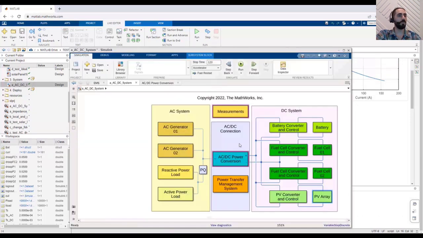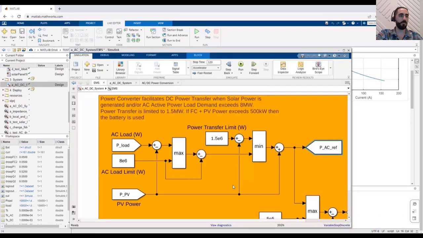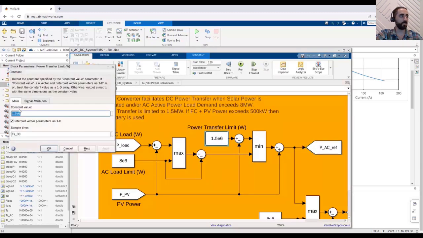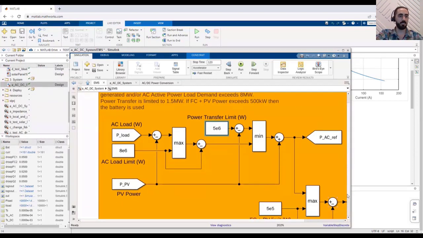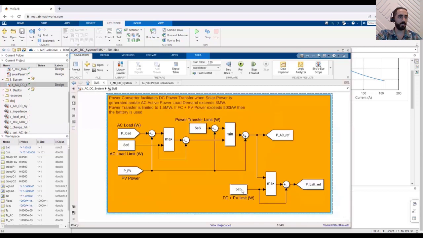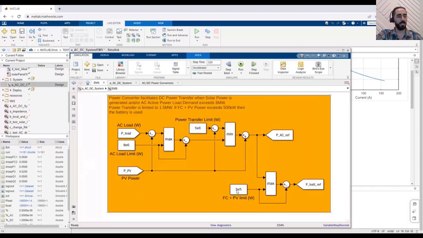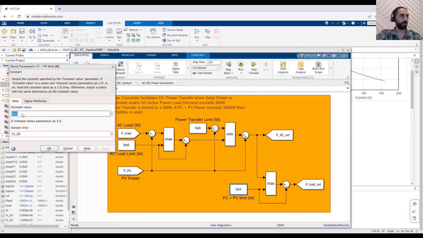And the 1.5, we want to make it 5. So I'm going to double click on that. 5e6. And that 500 kilowatts, I'm going to double click on that and change it to 1 megawatt.